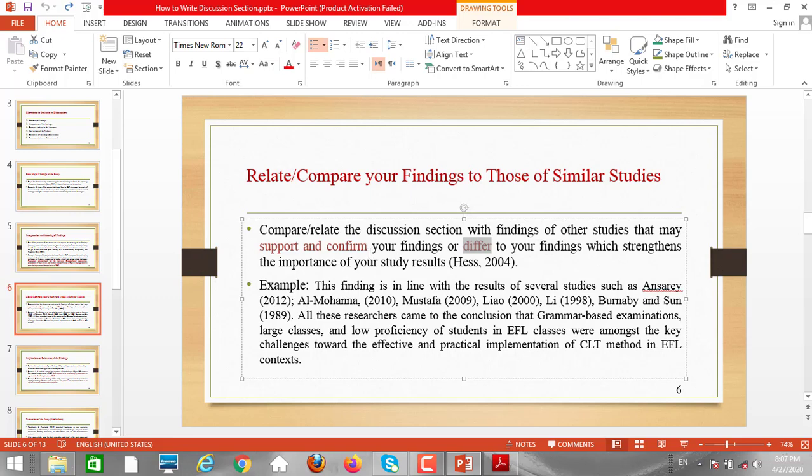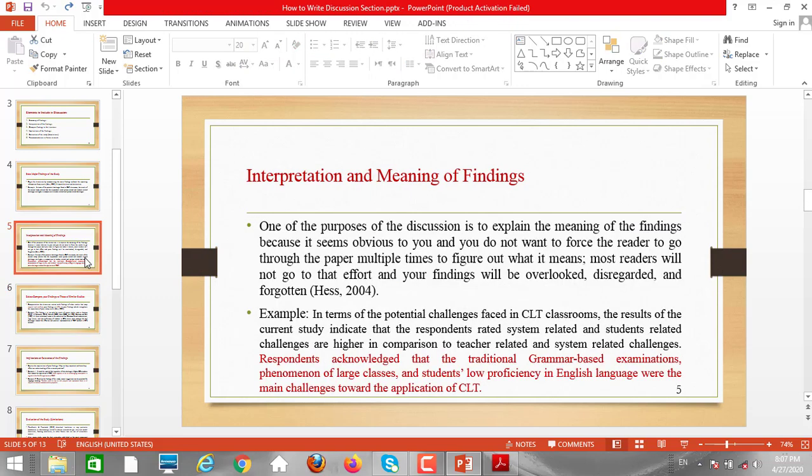To give you a clear picture, your findings must support or be supported by other findings, or be different from those of other research findings. For example, I might refer back to the previous slide. This was one of my major findings, and this is the interpretation for that.